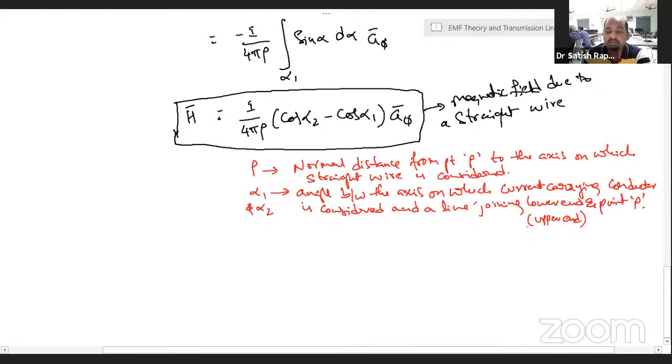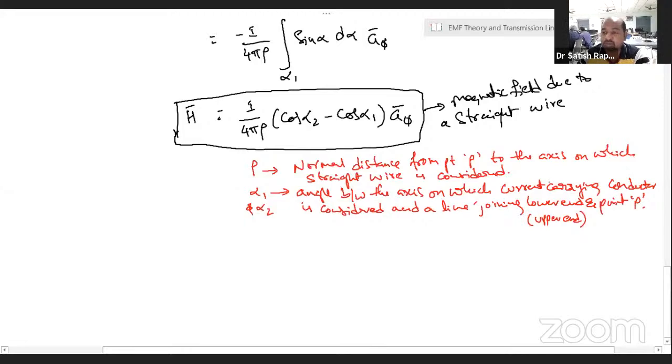So alpha 1 is the angle between the axis on which the current carrying conductor is considered and a line joining the lower end and point P, whereas alpha 2 is the angle between the axis on which the current carrying conductor is considered and a line joining the upper end and point P, right? So that is alpha 1 and alpha 2.